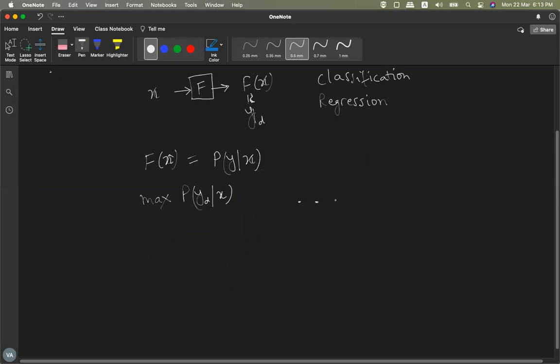Let's say there are four classes possible: car, boy, girl, aeroplane. If the input is a car, then my P of car will be high, and the other P's will be low. This is the probability of the class given x, given the image. These are basically categorical distributions.